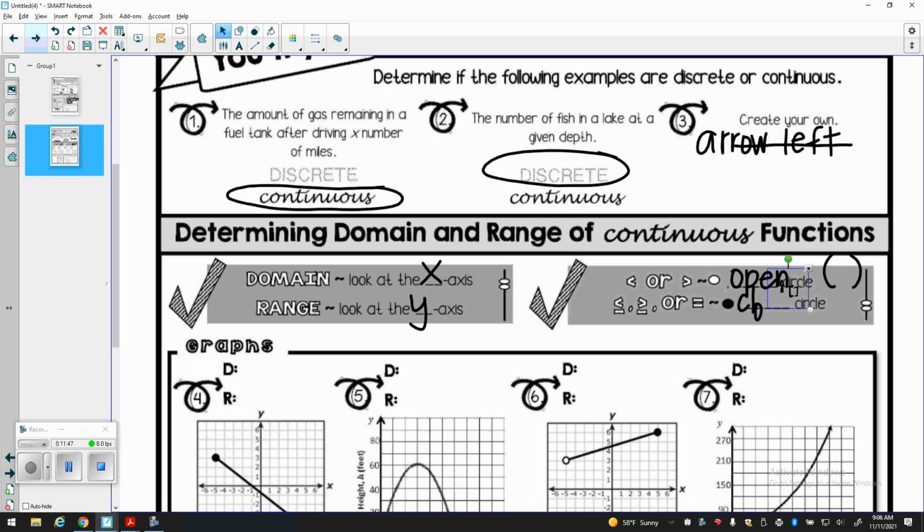If you hit an arrow coming from the left, that's negative infinity. Just write it down. If you hit an arrow coming from the left, that's negative infinity. If you hit an arrow from the right, that's positive infinity.